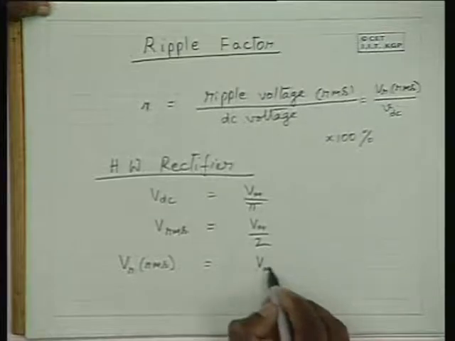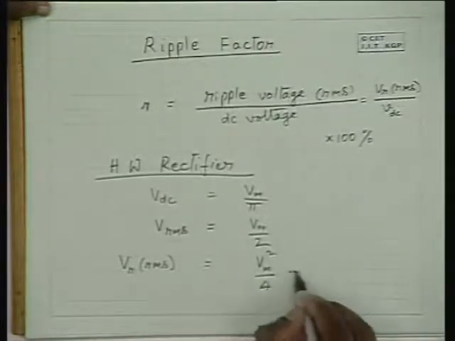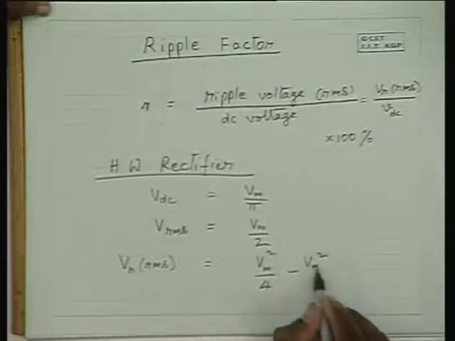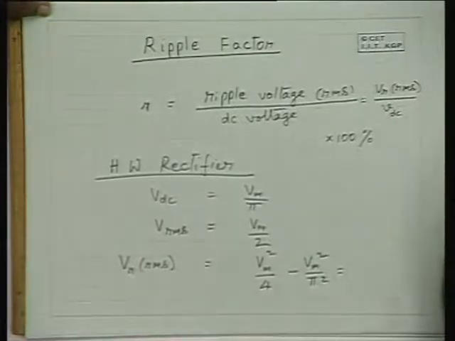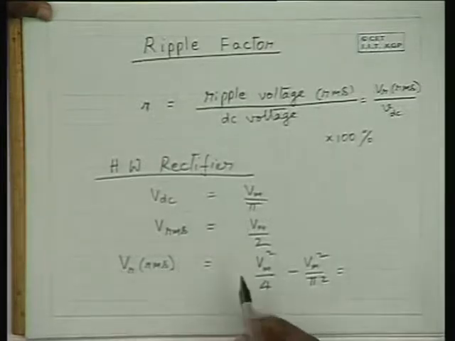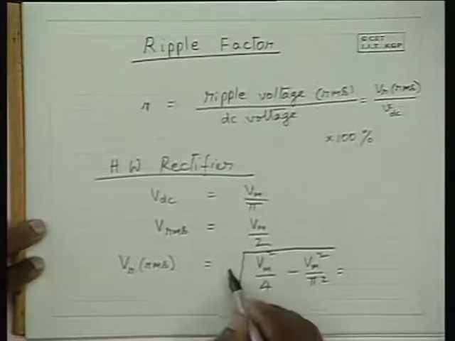Therefore it is Vm square by 4 minus Vm square by pi square. So this is the RMS value of the AC component, and this is VR RMS square. Therefore VR RMS is the square root of this.